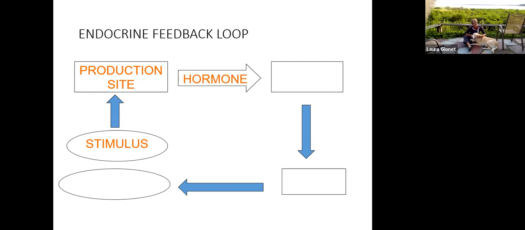Then we produce a hormone that travels through the blood to a target site. It stimulates that target to perform a particular action, and then you have a response. Remember, in negative feedback loops, your response is generally opposite to your stimulus. So if we start with higher than normal blood calcium levels, we're going to end with lower blood calcium levels, or maybe normal calcium levels.